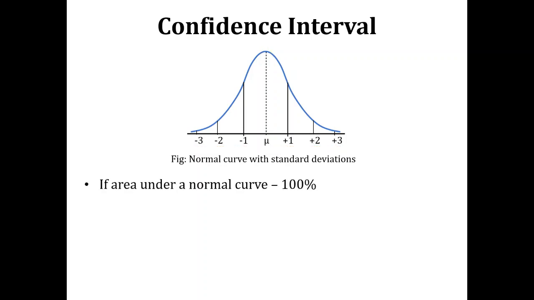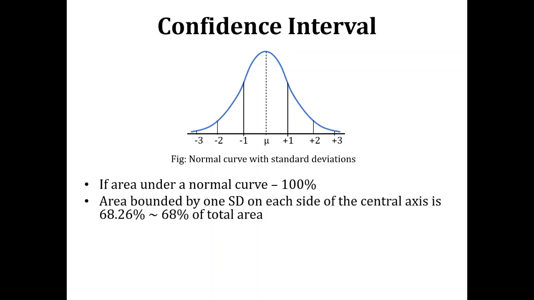Now let's suppose the area under a normal curve is 100%, right? The area which is bounded by the normal curve, the area which is bounded by this blue colored curve. So if we say that this area is in total 100%, then the area bounded by one standard deviation on each side of the central axis is 68.26, or approximately 68% of total area, right?